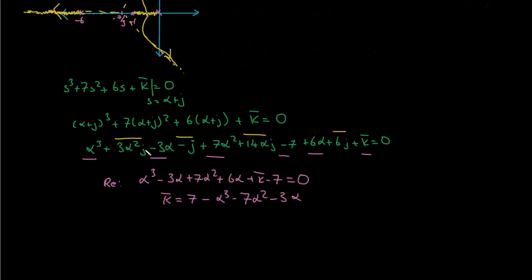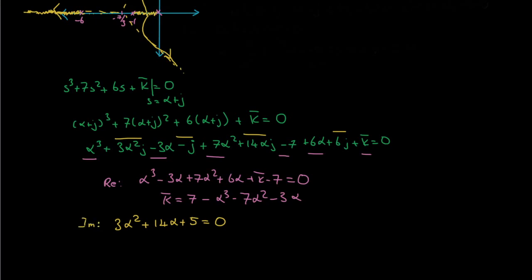And from the imaginary part, what I do have is something like this. I will have 3 alpha squared plus 14 alpha plus 6 minus 1, which is plus 5, so plus 5 is equal to 0. That's from the imaginary part.